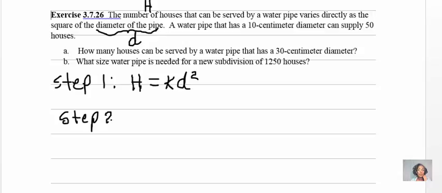Step 2, a water pipe that has a 10 centimeter diameter can supply 50 houses. So replace H with 50, and the diameter was 10.